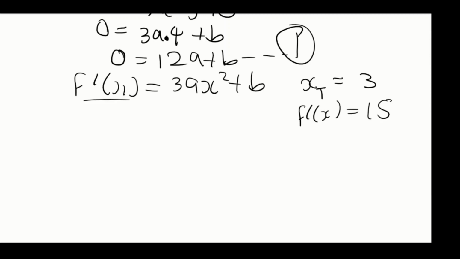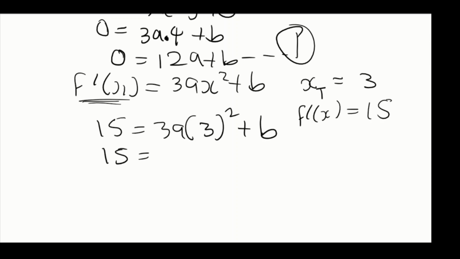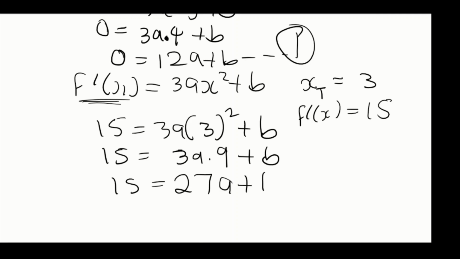Instead of writing f prime x, you write 15, which is the gradient. 3a, where there's x, we put the value of the tangent, plus b. So 15 is equal to 3 squared is 9, so 3a multiplied by 9 plus b. So 15 is equal to 3 times 9 is 27, so 27a plus b. So this would be your equation 2.